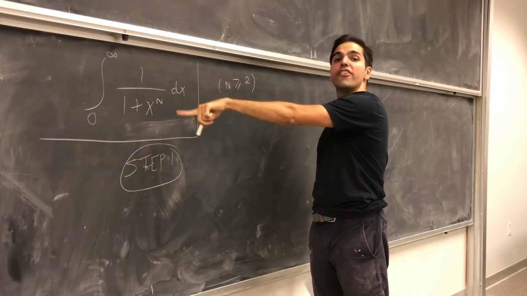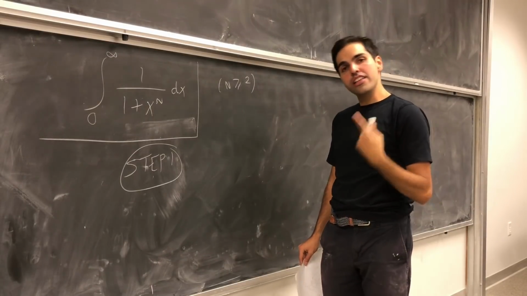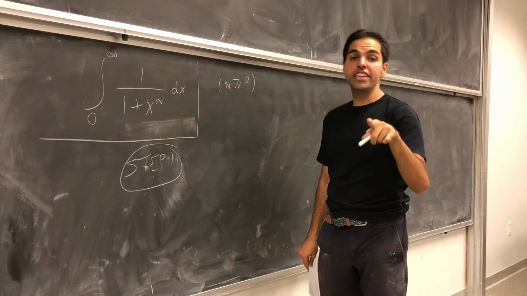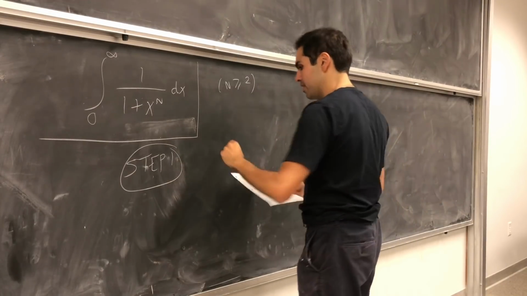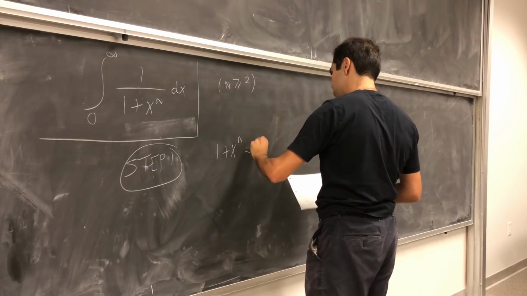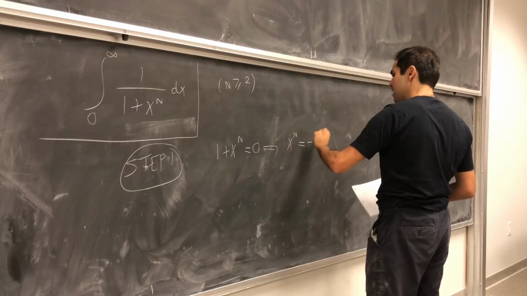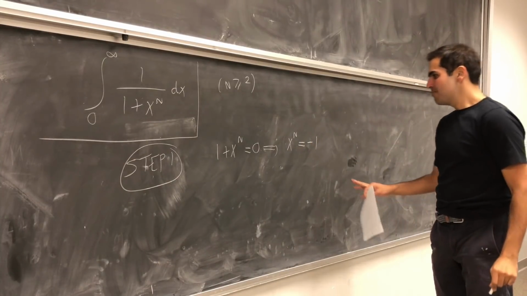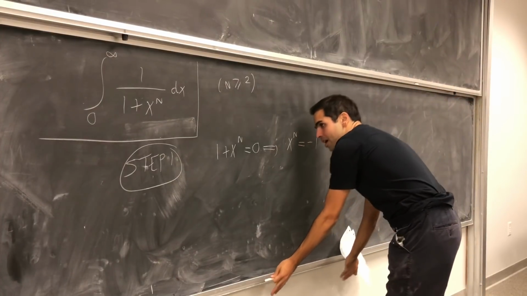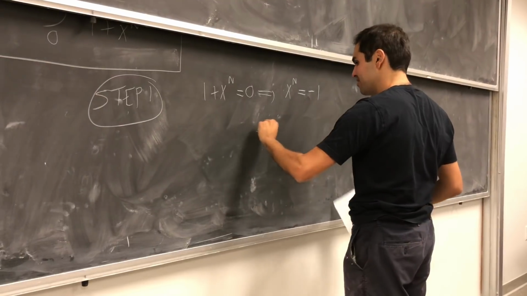Just a little prelude, step 1. Let's first figure out when the denominator of this is 0. Usually it's a bad thing when the denominator is 0, but here it is actually pretty crucial. So 1 plus x to the n equals 0. This implies x to the n is minus 1, but we want to be a bit more clever than that. Let's write minus 1 in the following form, again using complex analysis.